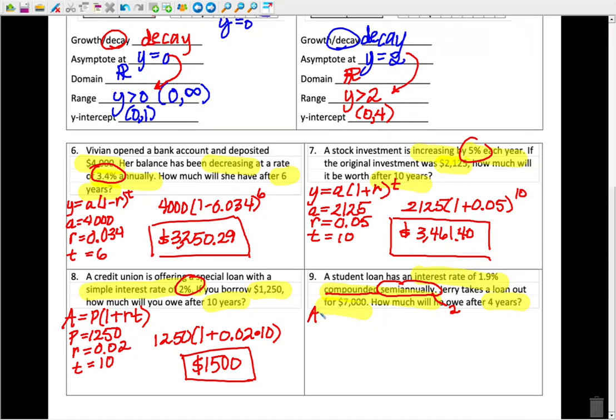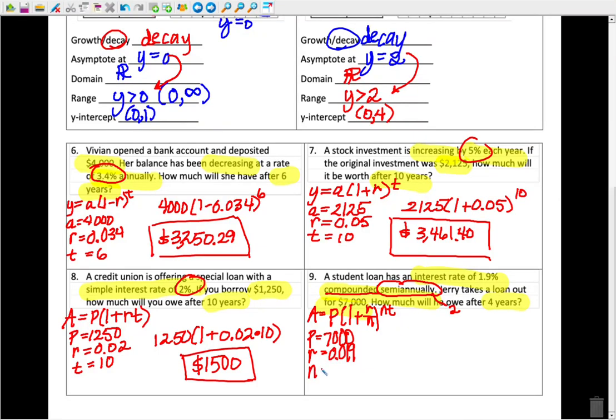The formula is A equals the principal times 1 plus the rate divided by the number of times it's compounded. And you're going to raise this to the power of the number of times compounded times the years. The principal is 7,000. The rate is 0.019.